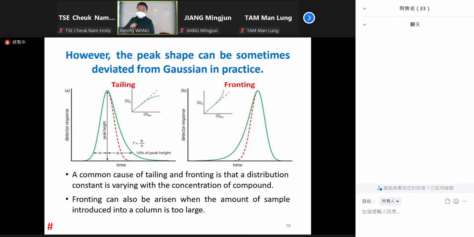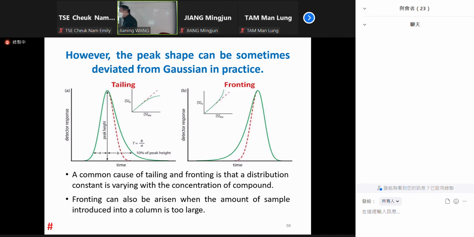Sometimes there is some non-equilibrium, and sometimes there is some minor change in the stationary phase or the mobile phase, and sometimes it's because of the overloading of your sample.